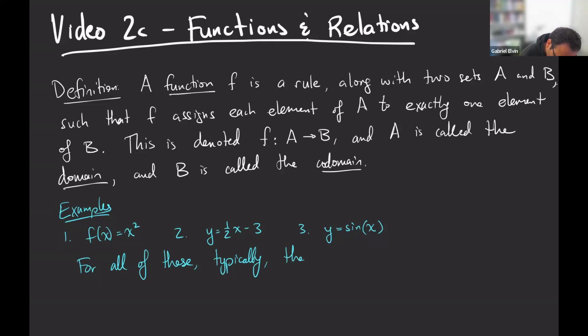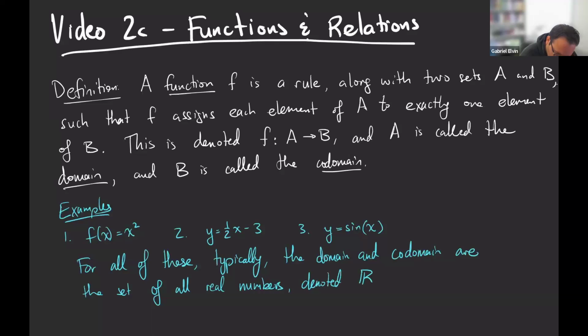The domain and codomain are the set of all real numbers. And it's denoted with a capital R with an extra line, in a similar style as with the natural numbers and the integers. And so just for clarification, what are the real numbers?